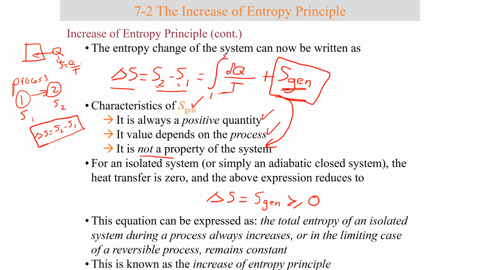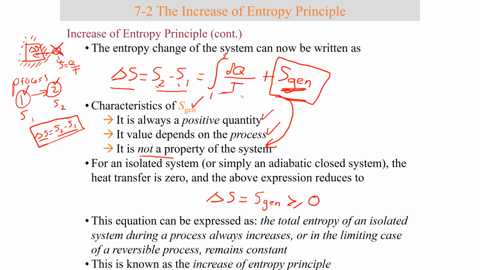So if my system is isolated, meaning that nothing crosses the boundary, so there's no heat crossing the boundary, and I have a change in entropy because I have a change in state from state 1 to state 2, this total change in entropy, S2 minus S1, this term goes away because there's no heat crossing the boundary, and so the only thing that can equate to the change in entropy in that case is entropy generation.